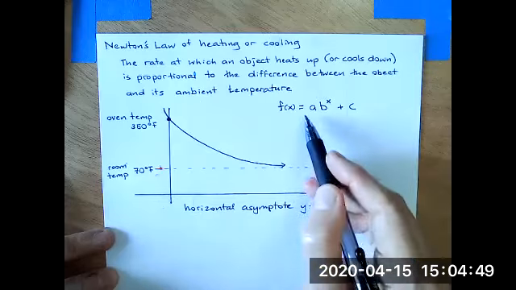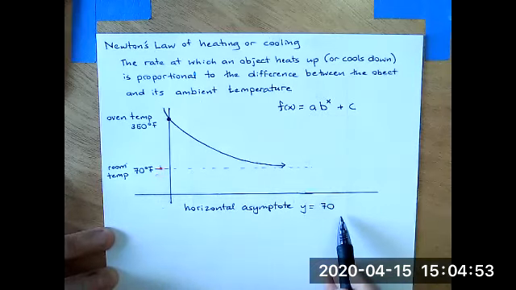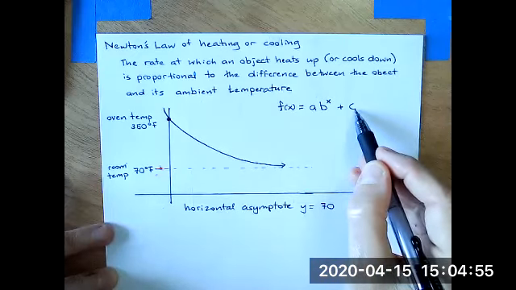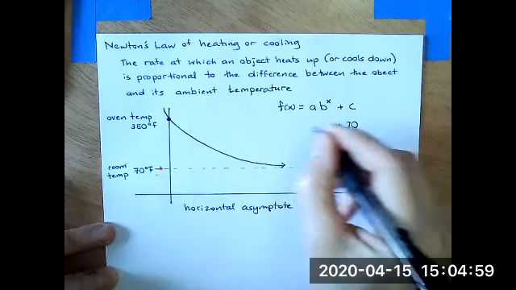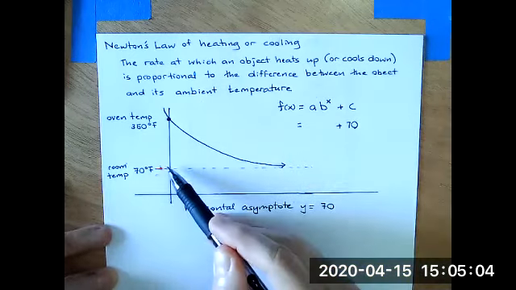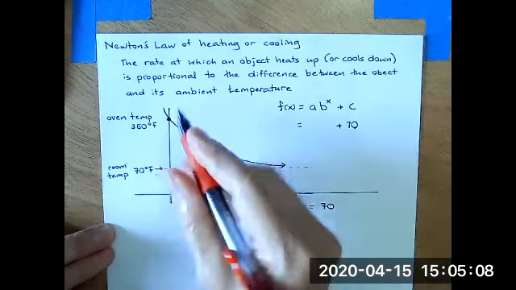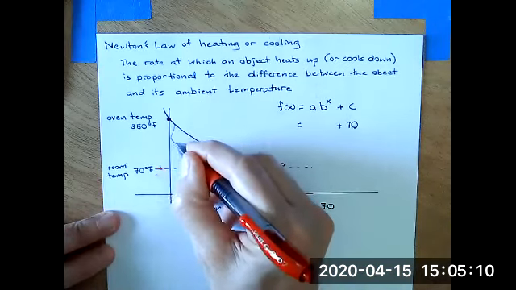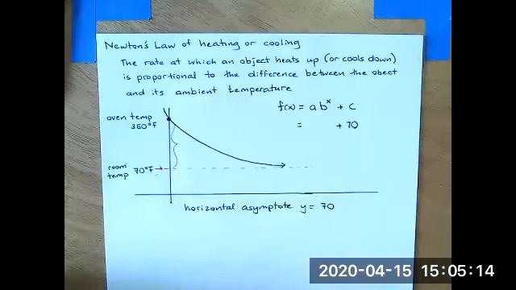So for this function, because the horizontal asymptote is not 0, I know that C will be 70. You might think that A would be 350, but A is this quantity.